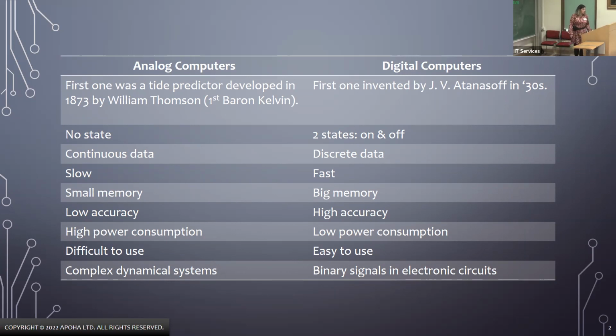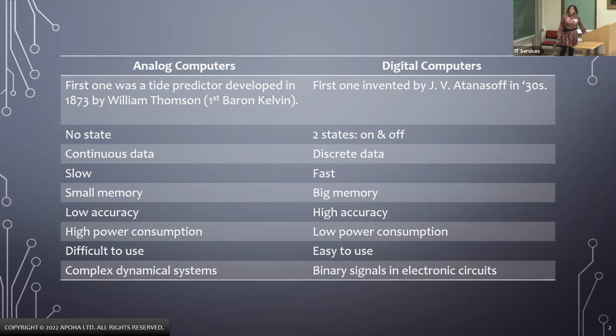The first analog computer was developed by William Thomson, later first Baron Kelvin, and it was a tide predictor developed in 1873. While the first digital computer was invented by Atanasoff in the 30s.